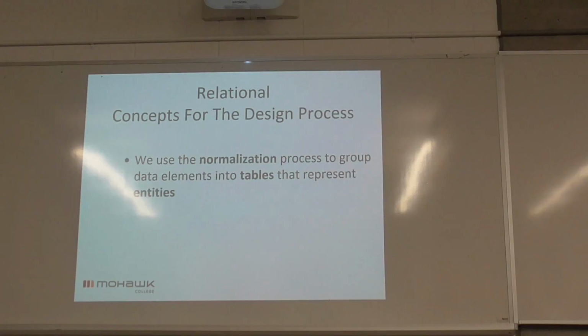So, we use the normalization process to group data elements into tables representing entities. A lot of this is going to come down to: can you spot dependent fields? Can you spot composite fields?